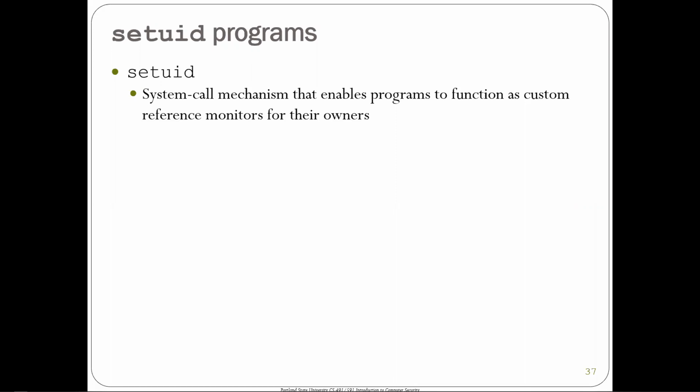This controlled way basically allows a program to act as a custom security reference monitor for any of the resources it needs to access. Much like the Linux kernel is a reference monitor for accessing files, you can have a setuid program as a reference monitor for modifications to any of the files that it owns or that its owner owns. So that's the idea of setuid programs.